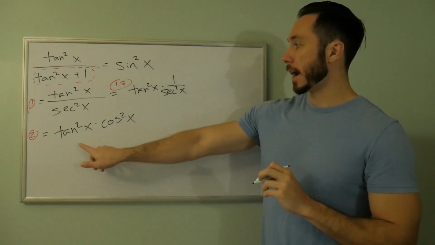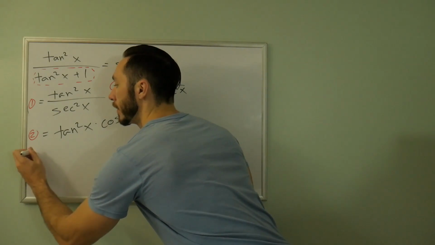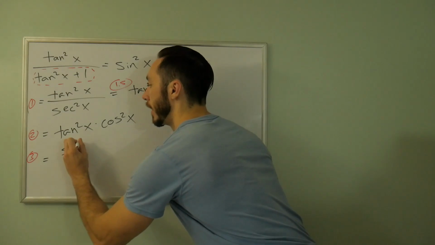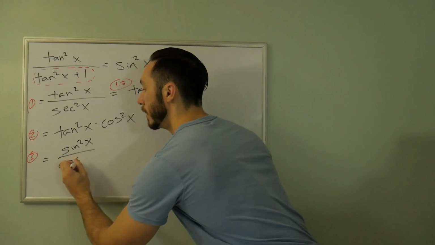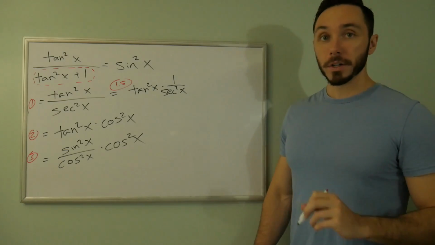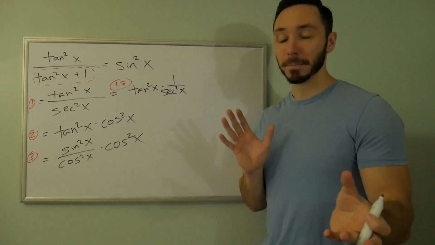So I'm almost there. I can rewrite tangent using the quotient identity now. So I guess my third step would be to rewrite this as sine square x over cosine square x. That is the quotient identity, which allows me to easily see a potential cancel.